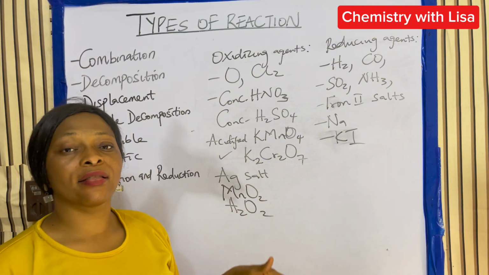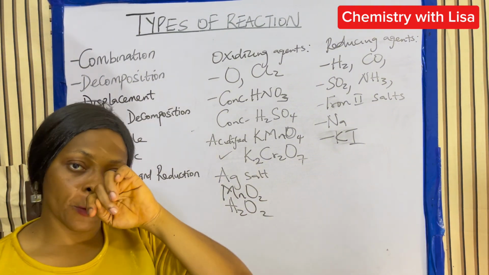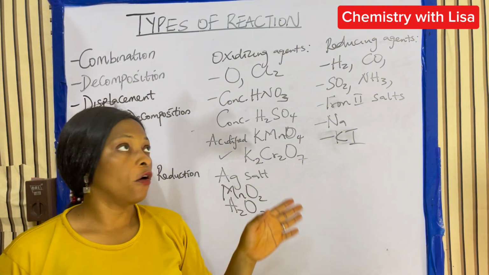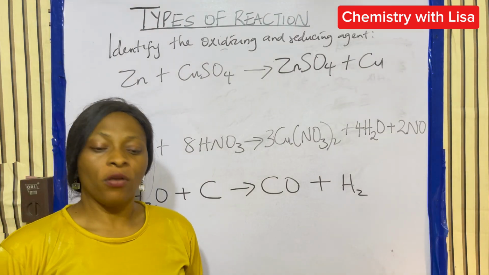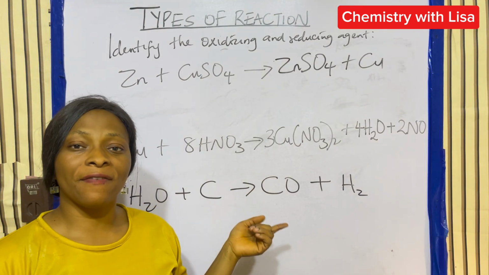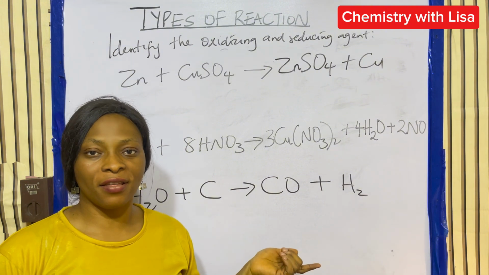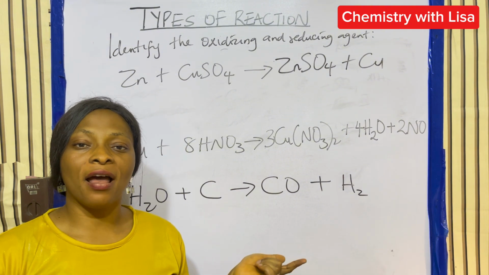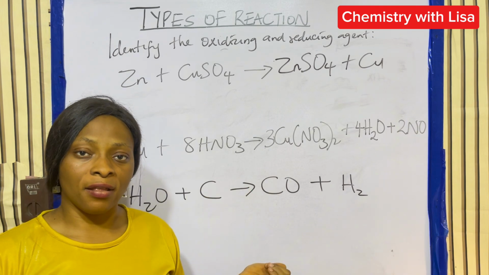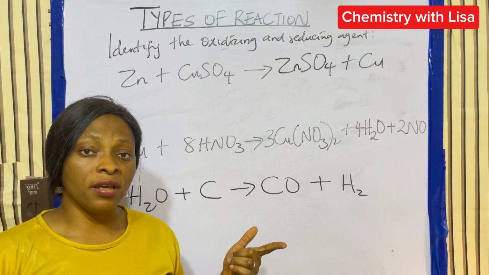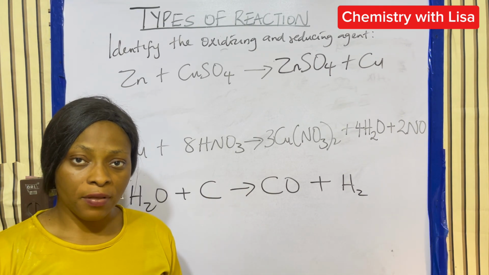Now let's look at a very popular question examiners usually ask on oxidizing and reducing agents. So let's see how to identify oxidizing and reducing agents, because in your exam, JAMB may ask you which one is the oxidizing agent and which one is the reducing agent. It is very simple.